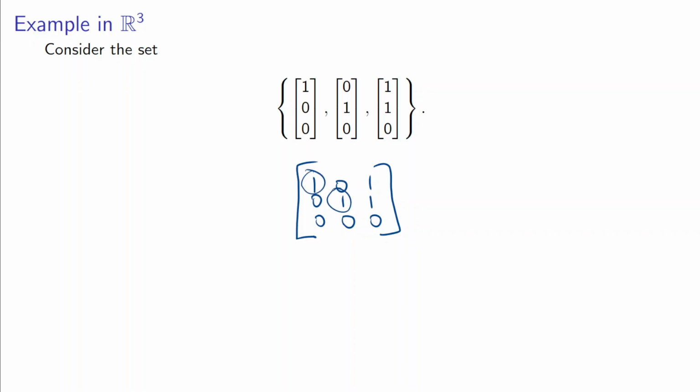So we could see our pivots here and here, and we can see that not only will we not get spanning because we don't have a pivot in every row, right? Our third row does not have a pivot. We also don't have linear independence. Our third column does not have a pivot, so not a basis here.